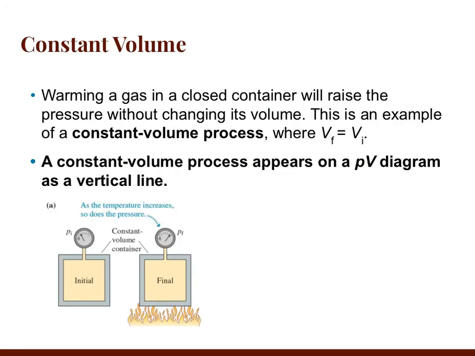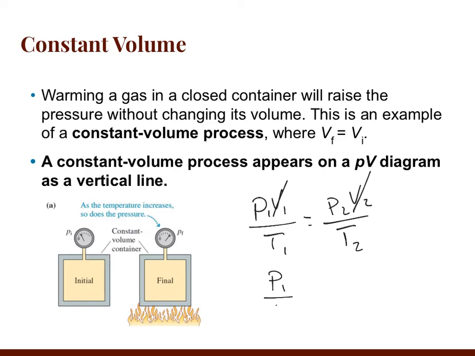All right, the first type of process we're going to look at is with a constant volume. So constant volume means volume doesn't change. If we looked at our equation, P1 V1 over T1 equals P2 V2 over T2, or initial and final, either way, if volume is the same on both sides, then the volumes cancel out, and you just have P1 over T1 equals P2 over T2, which I think is either Charles' law or Gay-Lussac's law.